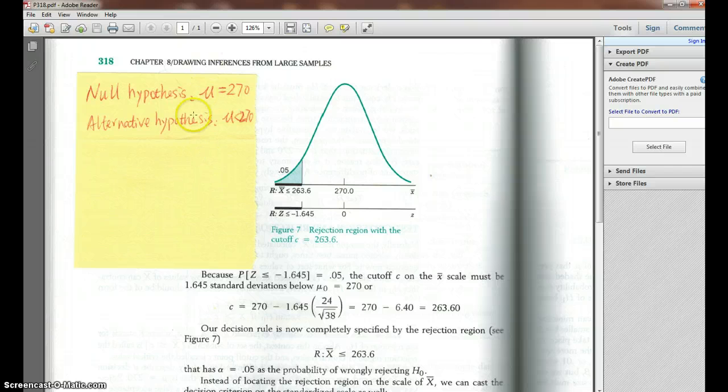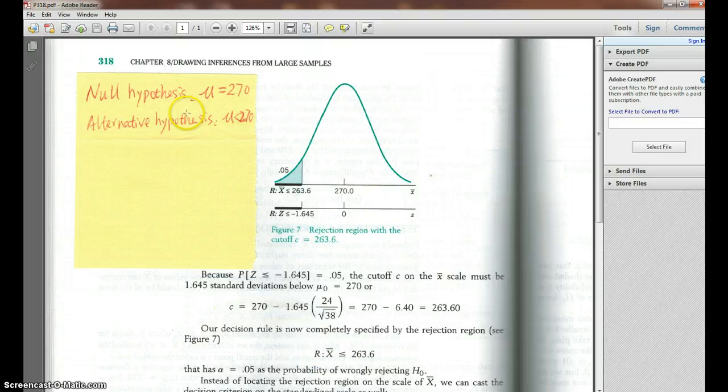These two hypotheses are opposite of each other. If you support mu less than 270, that means you reject mu equal to 270. If you support mu equal to 270, then you reject mu less than 270. You only support one of them and reject the other.